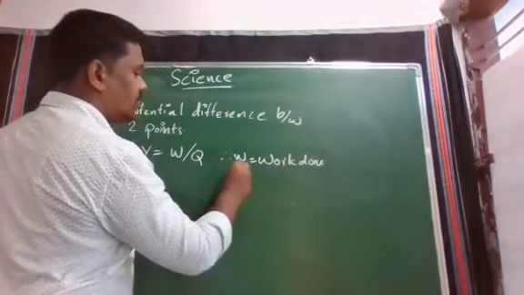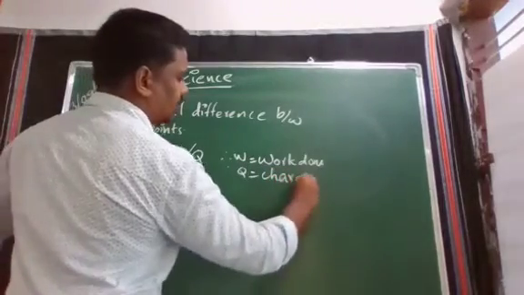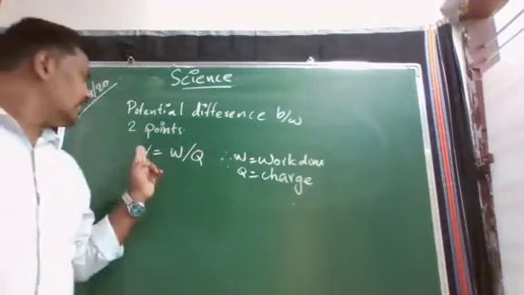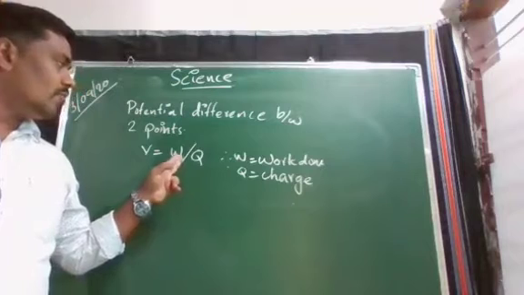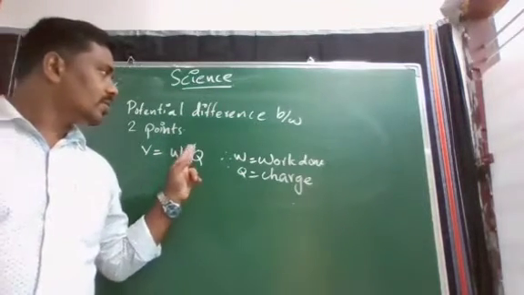The potential difference between two points, V, is the work done to move a charge from one place to another. So we can say V is equal to W by Q.